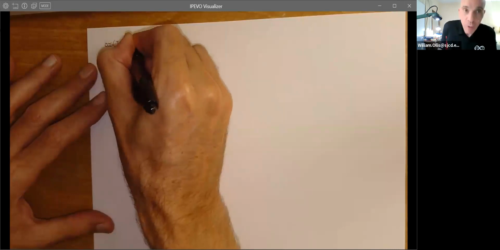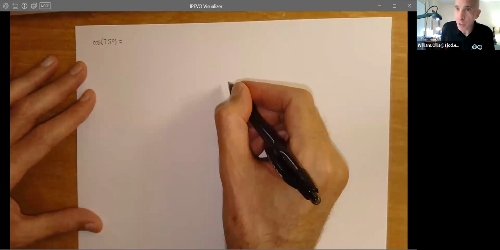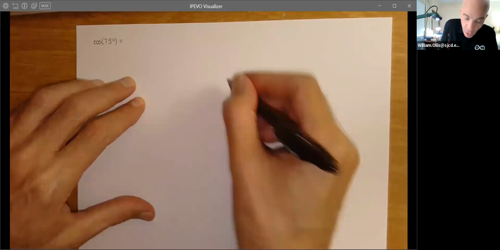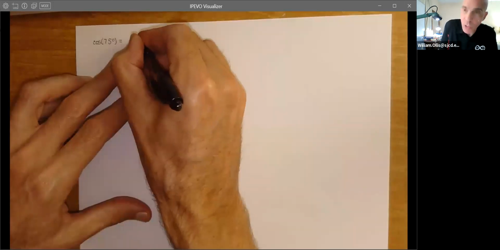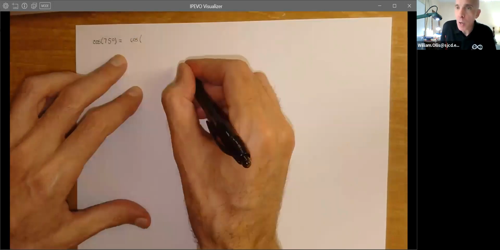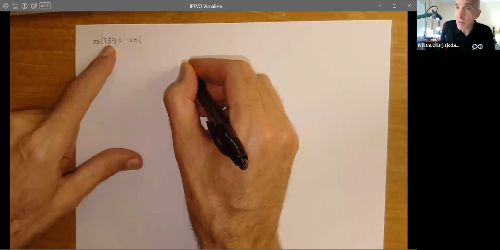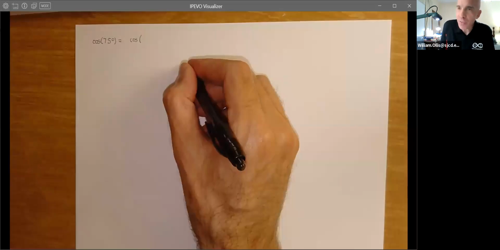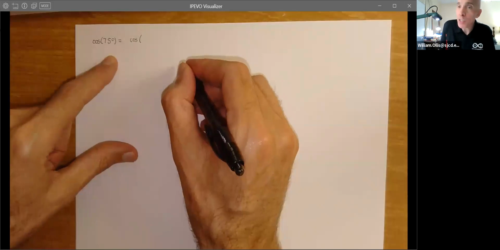Well, now with the addition formulas, which some of you probably figured out, looking ahead, you can write the 75 as a sum. So if you want to use our new identities to get exact values for certain inputs, you would make an effort to rewrite the input as a sum or difference of angles about which you have knowledge.